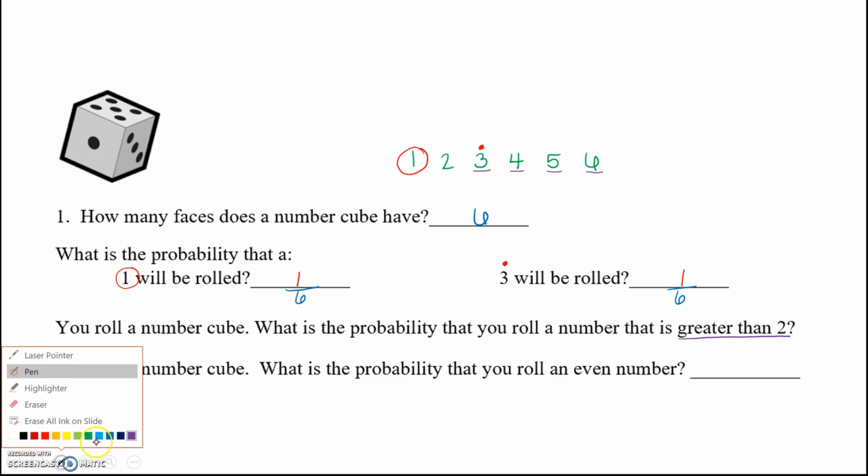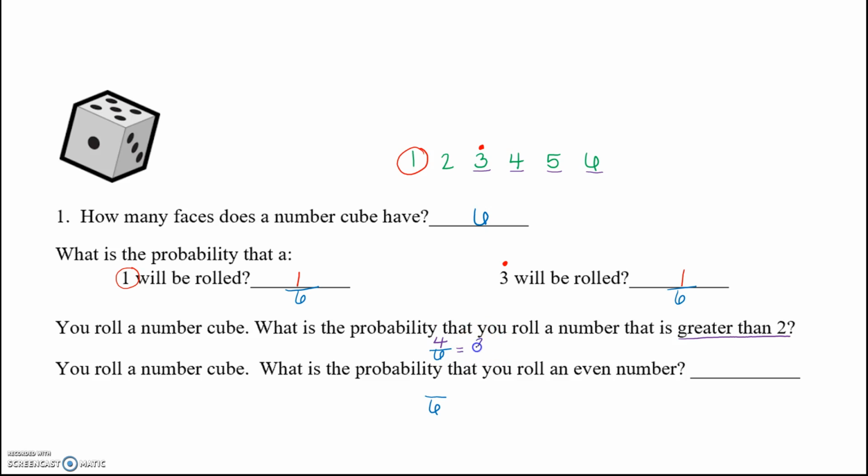So again, I have my 6 on the bottom, right? And down here, we're talking about a number cube too. So total goes on the bottom. And then the probability of greater than 2, we said 1, 2, 3, 4 of them. So 4 over 6. Those are both even numbers, so I can simplify, I can divide by 2. So I have 2 over 3. Okay.